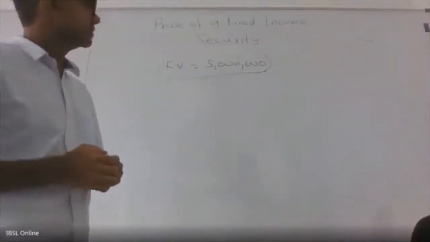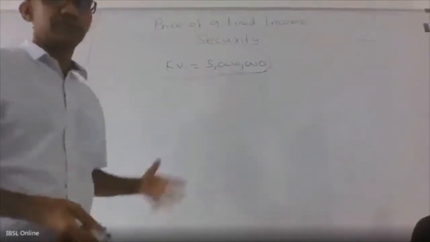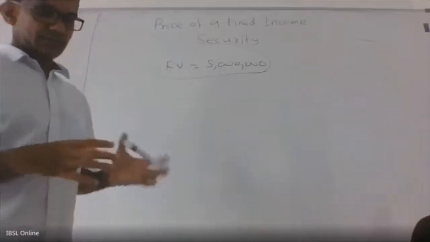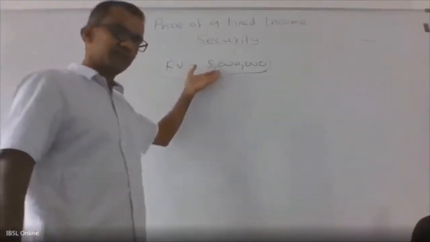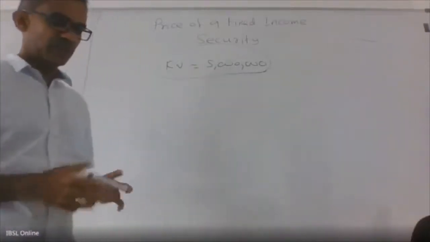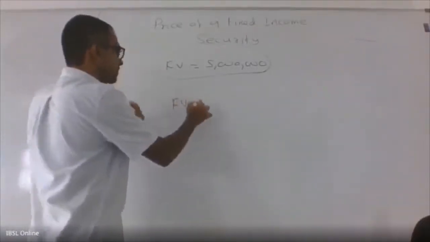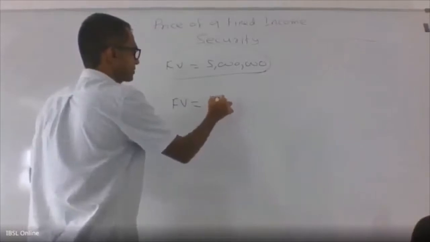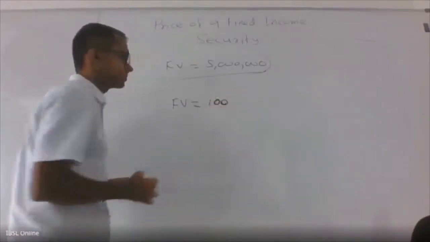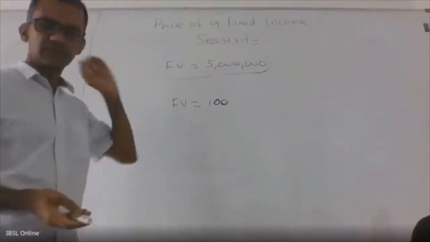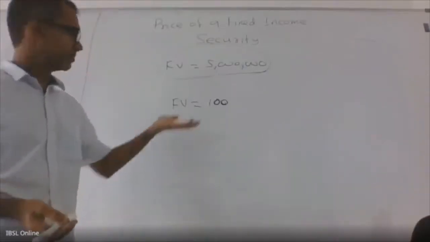We considered big amounts, 5 million, 5 billion or 10 billion. You can use that as well, but to make it easy, we always consider face value as 100. Then everything is in terms of percentage compared to 100.